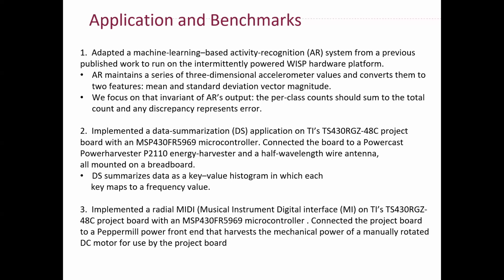AR counts total and per class classifications in non-volatile memory, and each experiment collects and classifies samples until the total count of classifications reaches 10,000. Then it terminates, lighting an LED. So if we ignore what exactly AR does, in short, it just takes 10,000 readings. Once it takes these readings, the program terminates and lights an LED.